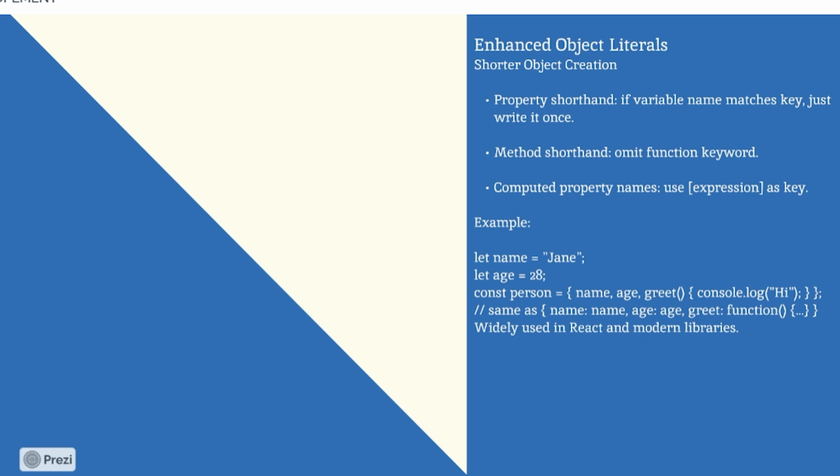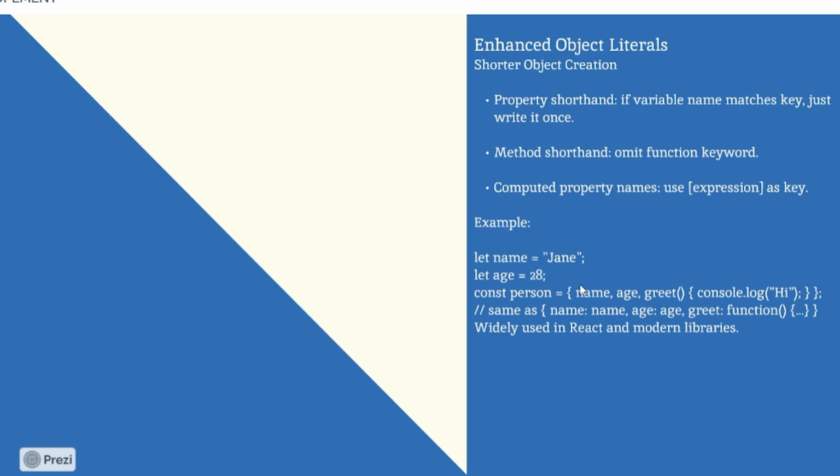Now, enhancing object literals. ES6 introduced object enhancement. This helps us write code with properties and methods more briefly. Like you can see in the example: let name equal to Johnny, let age equal to 28.